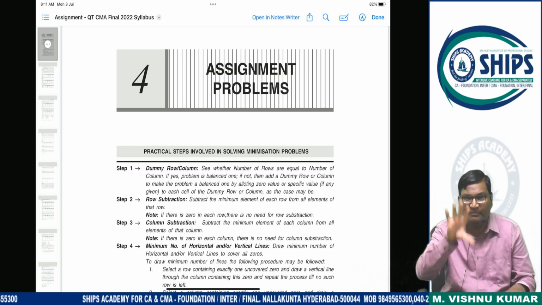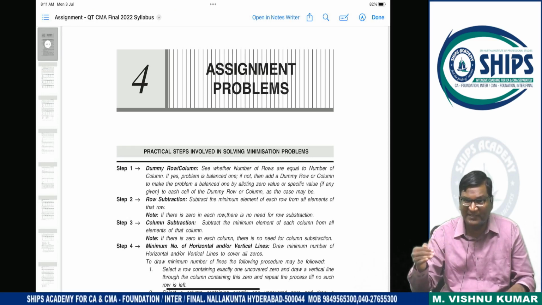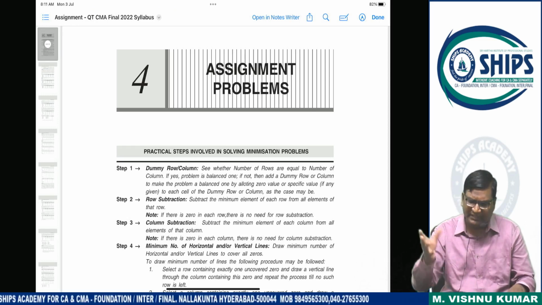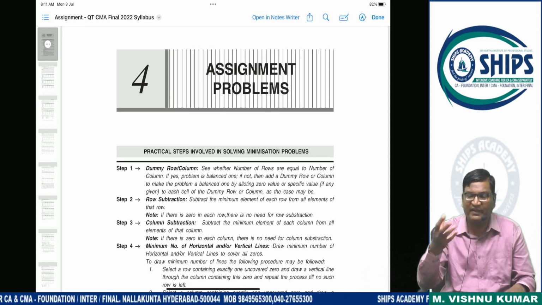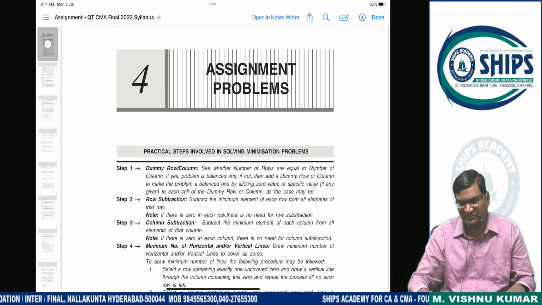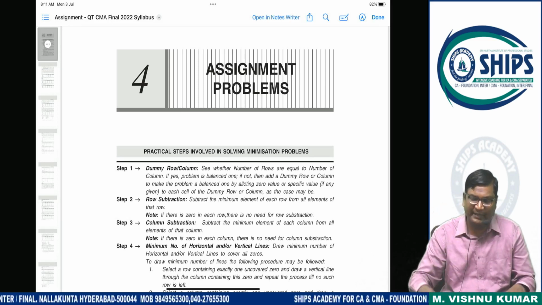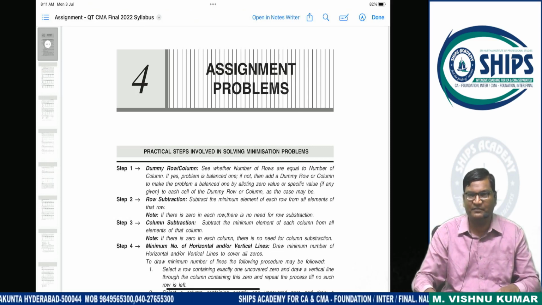So American mathematicians mostly developed these techniques. Other mathematicians also developed this, but a major contribution in the field of operation research was made by American mathematicians during Second World War time.